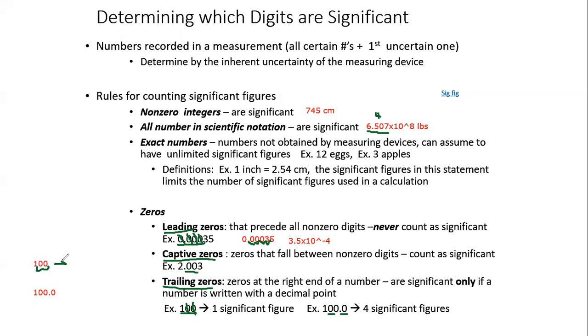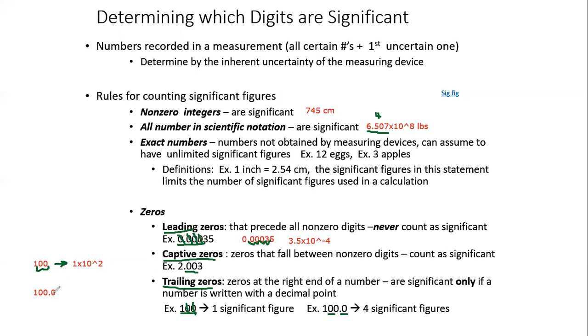Since we move it 2 places to the left, it's going to be a positive exponent. So we would write 1 times 10 to the second. Notice in the scientific notation, we only have one significant figure, which is in agreement with our 100 that also has one significant figure.